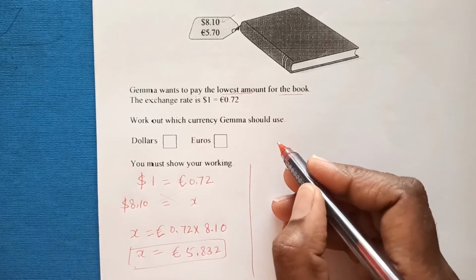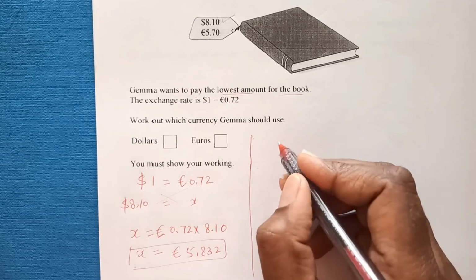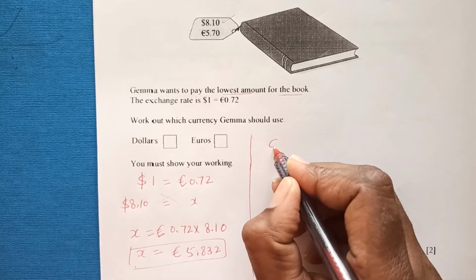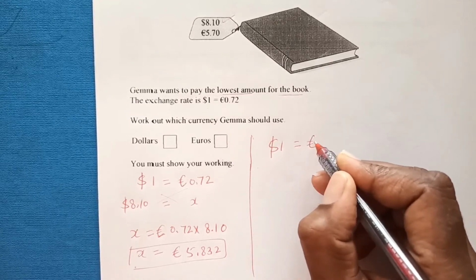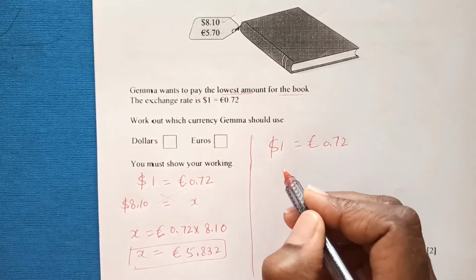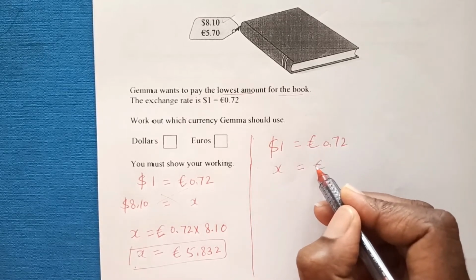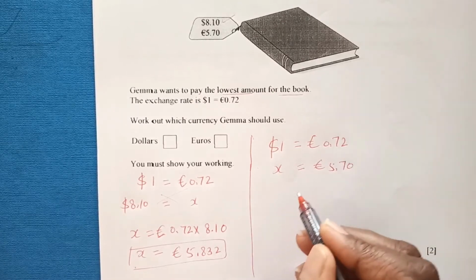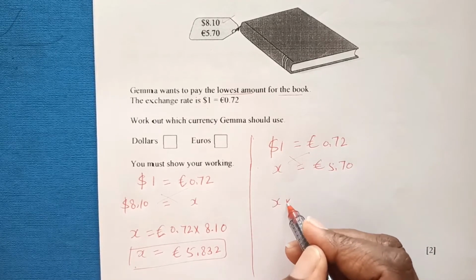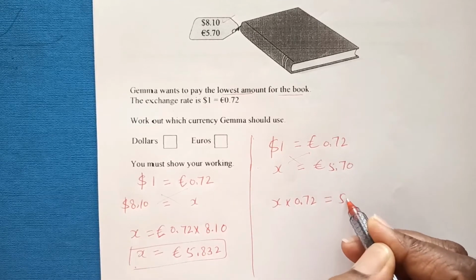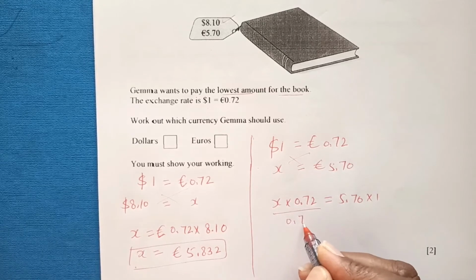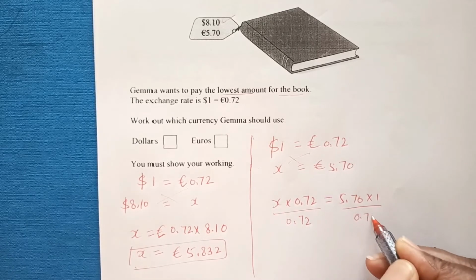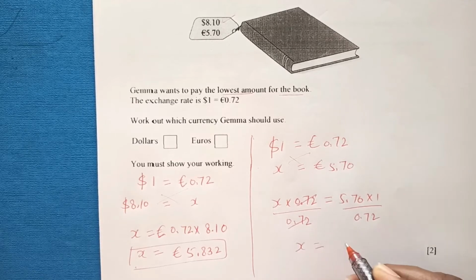So let's start the conversion of the other currency. 0.72 euros per dollar. So how many dollars for 5.70 euros? Again you cross multiply. 0.72 times x equals 5.70 times 1, so divide by 0.72 on both sides. So x is just this divided on the calculator.